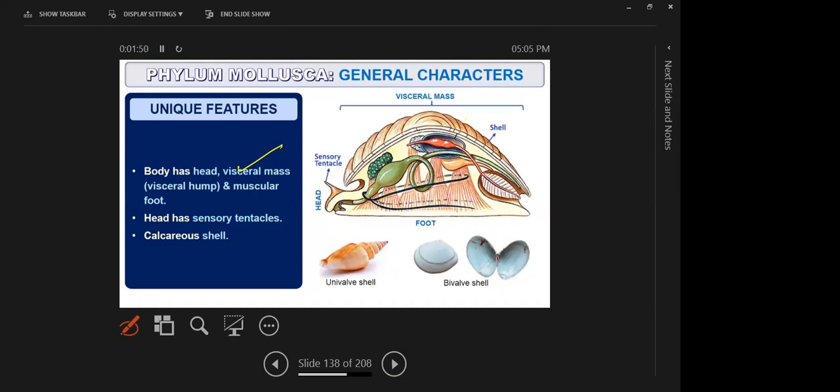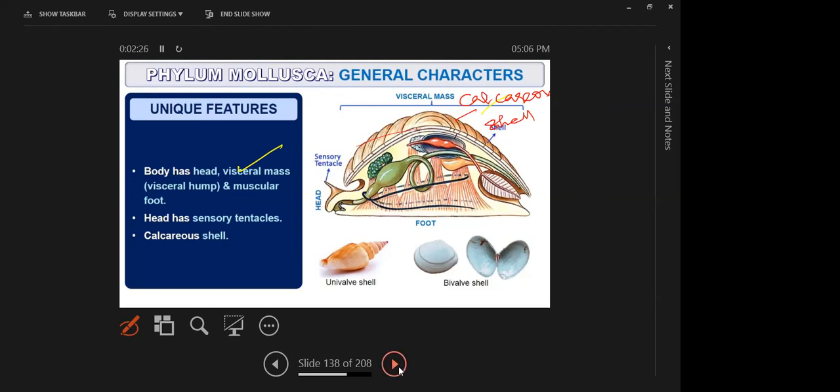That is a calcium shell. Haven't you seen the shell on a snail? So that is calcareous. Every mollusca has a shell. Mollusca means soft bodied, because their body is soft, so there should be some protection naturally. That's the shell. The shell is made up of calcium carbonate. Calcareous means that.